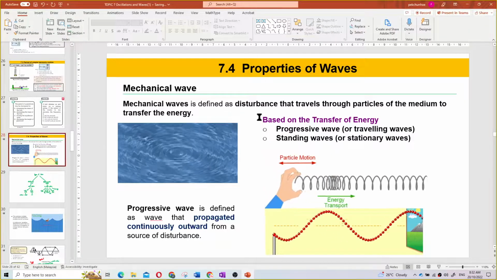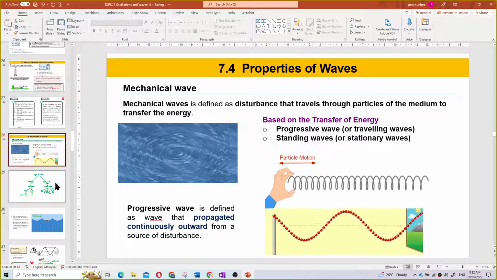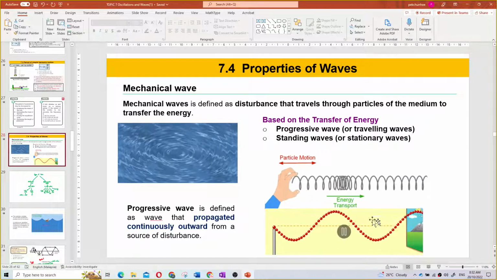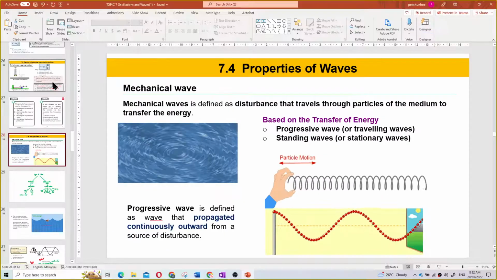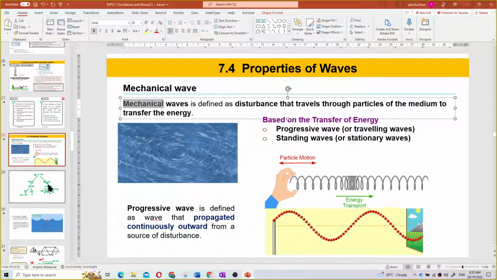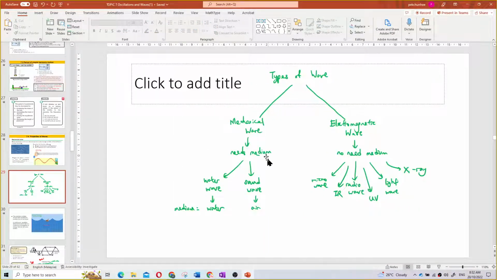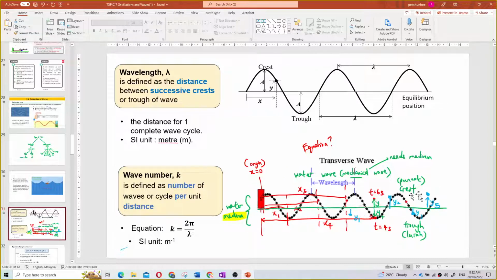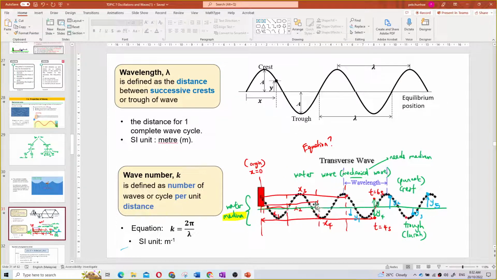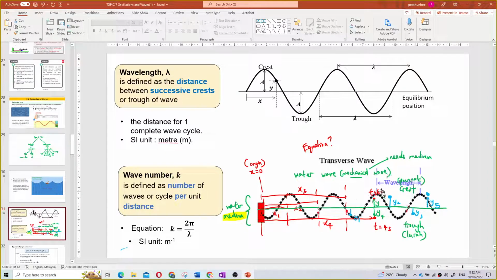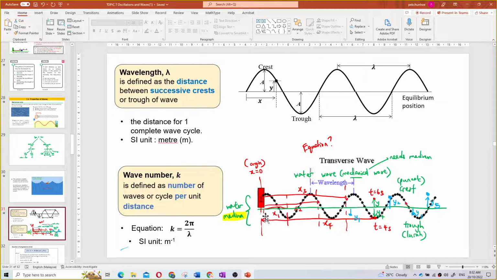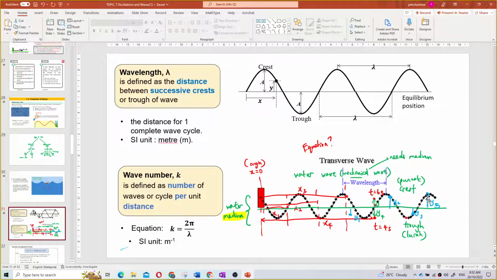But in our chapter, we don't learn about electromagnetic waves. We are going to learn only mechanical waves. Why do we only learn mechanical waves? Because we need a medium. We are now talking about many particles, the oscillation of the medium particles, and we want to find the equation of the displacements of the medium's particles.